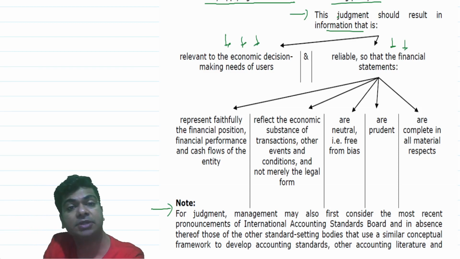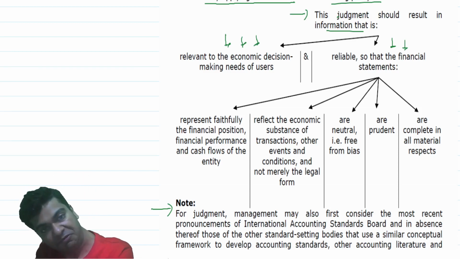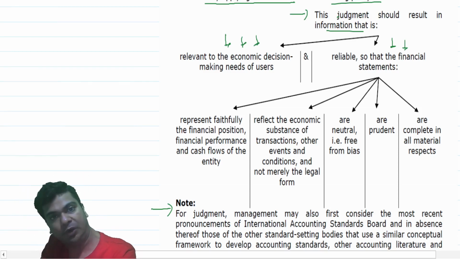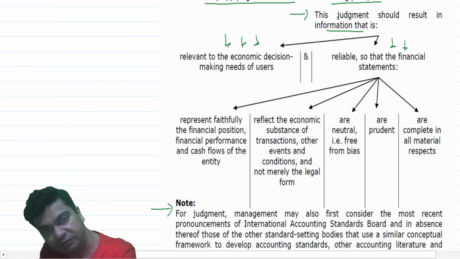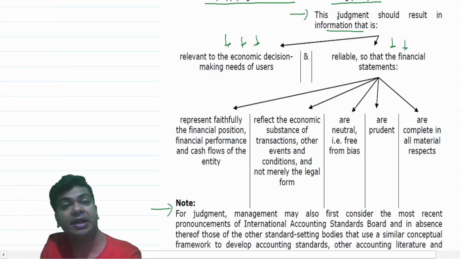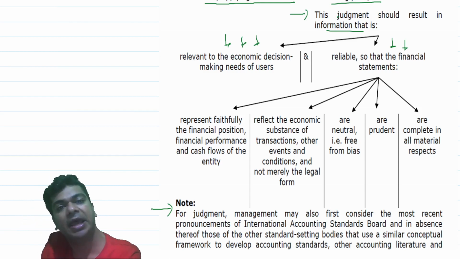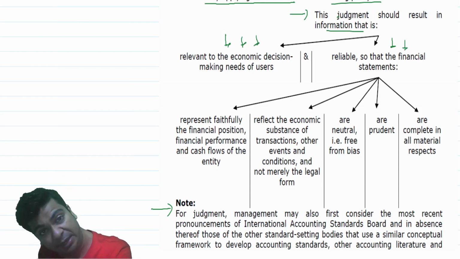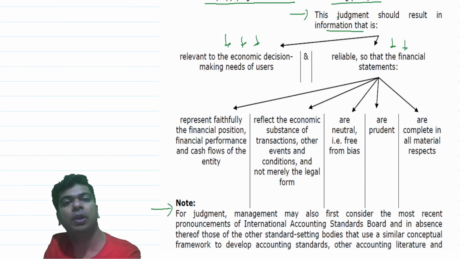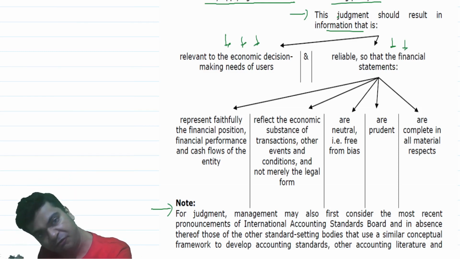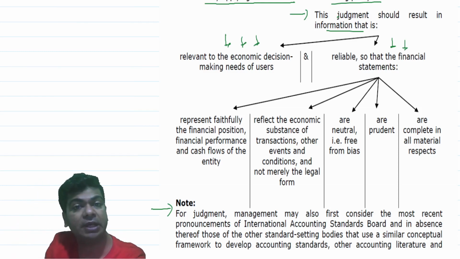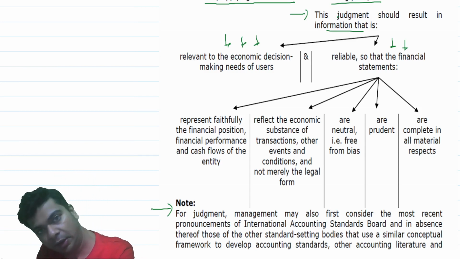Basically, the end users are the shareholders. When I receive a copy of the annual report of the company in which I have invested my money, by reading, interpreting and analyzing the financial statements, I should be able to take meaningful economic decisions. And the information which is available in the financial statements should be reliable.